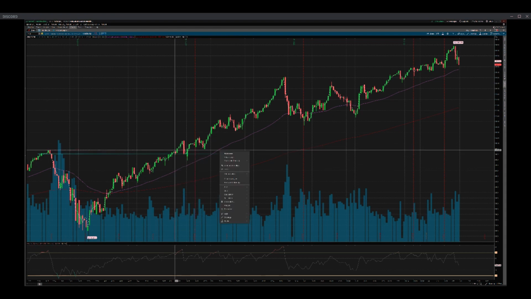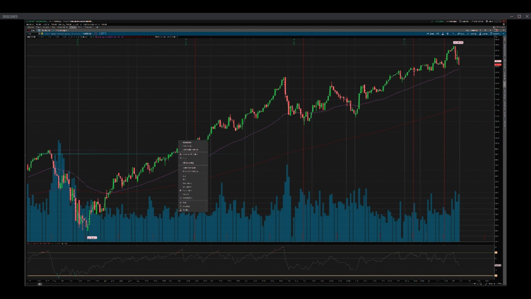If you had gotten out of there and it comes back to your entry, you probably would have gotten stopped out, but it didn't continue. So if you were like, okay, I'm going to take profit, you would have taken profit on 150 points rather than risking coming back to your entry. So you essentially played a kind of zone there.